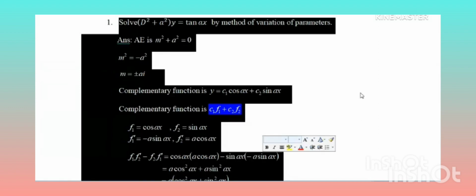In the university or in any CAT examination, it will be specified: solve d square plus a square into y is equal to tan ax by the method of variation of parameters, or MVP. So MVP, method of variation of parameters.